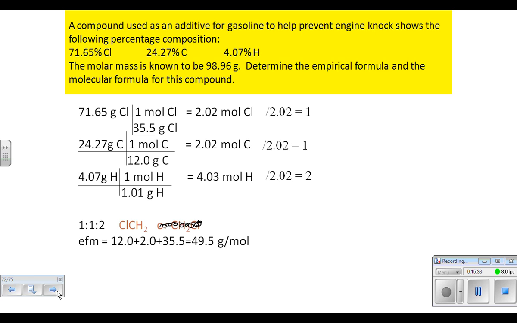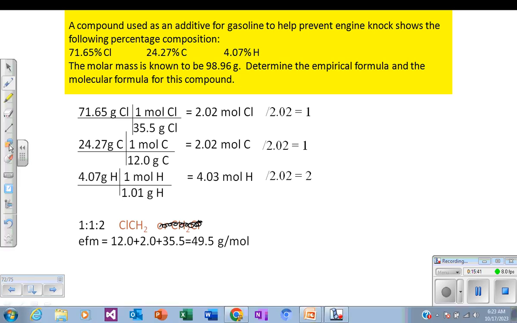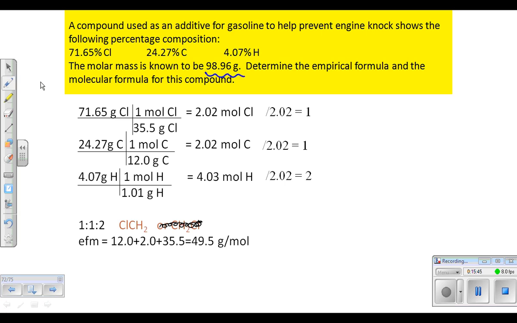And then we will take our molar mass, or what I call our molecular formula mass, 98.96, divide it by our 49.5, and that will give us a ratio of 2, which means we take our empirical formula and multiply them all by 2.